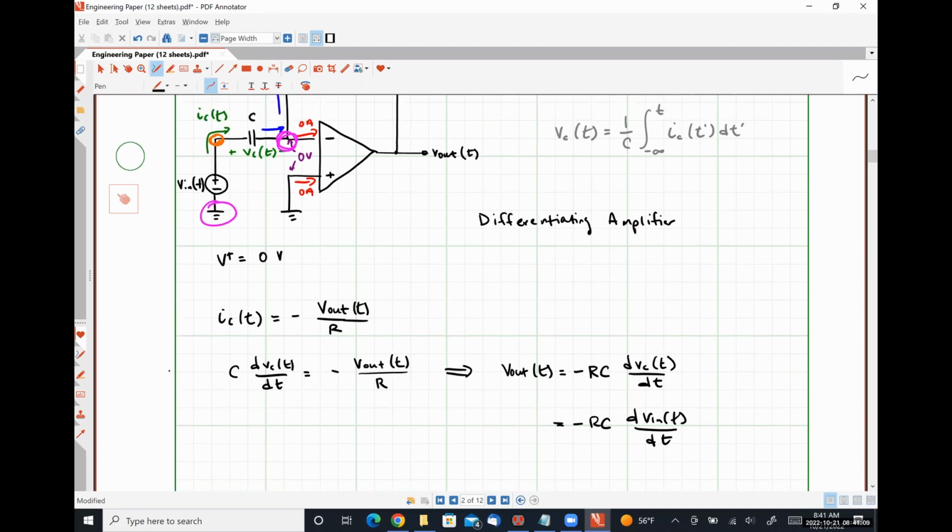Anybody have any questions regarding this analysis? It's really nothing more than we've done up to this point using that same 3-step process, except that we had to remember what the current voltage relationship for a capacitor was.